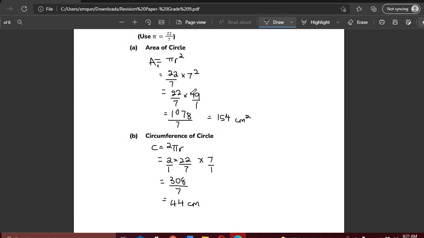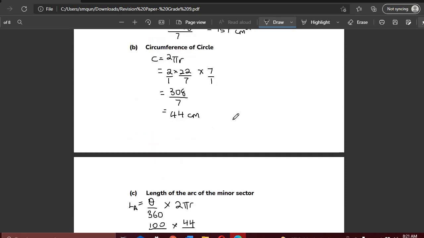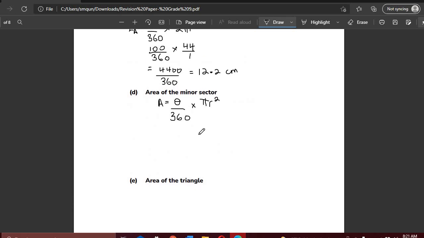Remember, we already know what we would get when we multiply pi times r squared. We got 154. So I'm just going to substitute 154 here. Okay, so this would be theta over 360. And again, theta represents the angle that is formed in the sector.